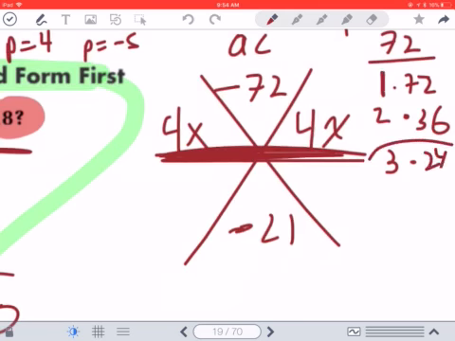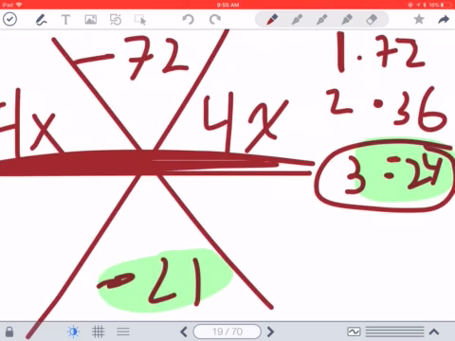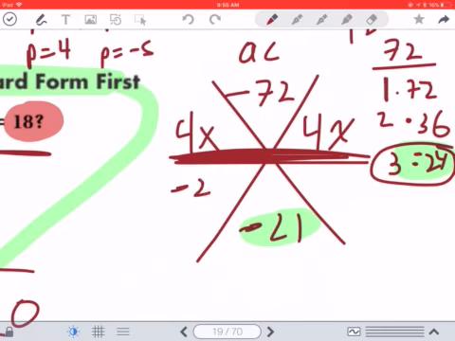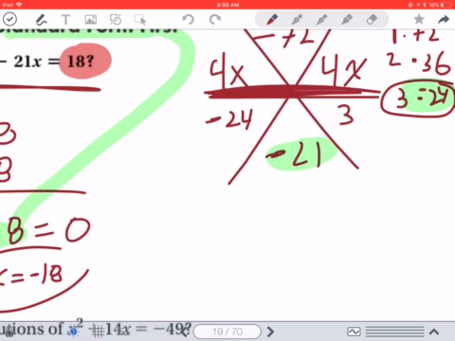That's going to be the winning combination because I can get to a negative 21 out of that. How can I get to a negative 21? Just make this a negative 24. So I have minus 24 and a positive 3. And one of my factors is going to be 4x plus 3.